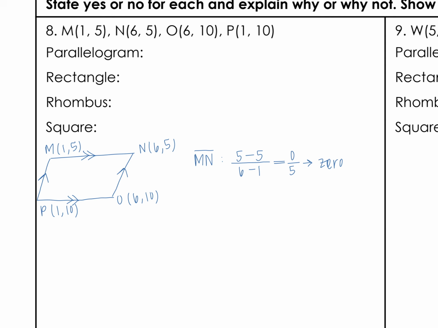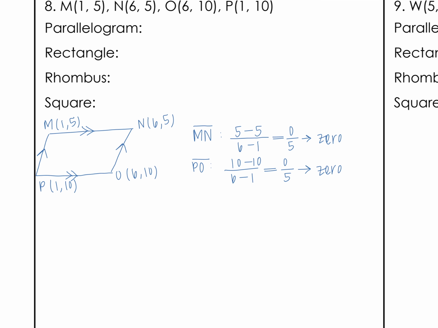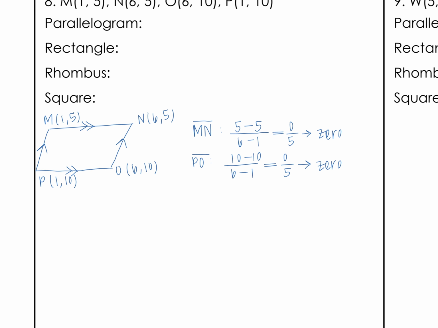Okay, so I want to make sure that the other side is going to be the same. So we'll have PO. So for PO, I'm going to do 10 minus 10, and then that's 6 minus 1 again, which will give me that 0 over 5, which will just be a 0 slope. So far we have one pair of opposite sides. Let's check to see if the other pair is parallel as well.